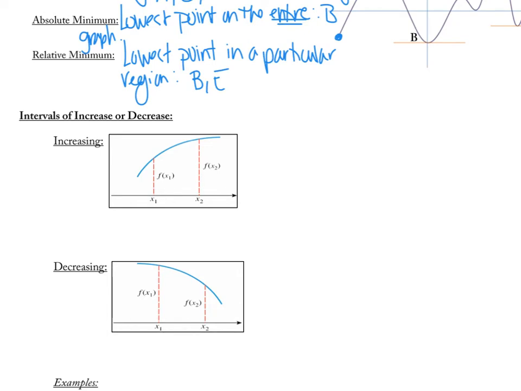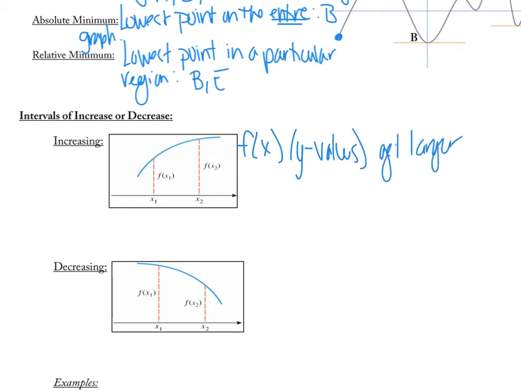increasing or decreasing without actually looking at the graph. So in order to do that, we should understand first what increasing means. So f of x, or in other words, the y values, get larger as the x values get larger.